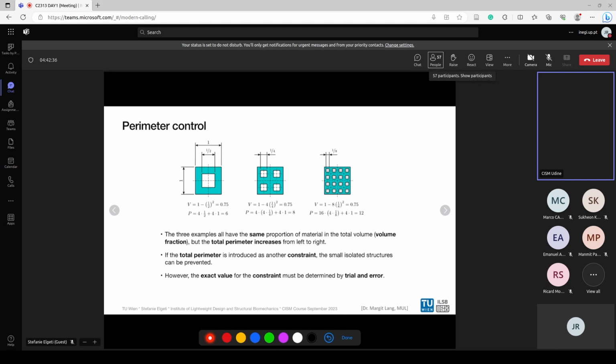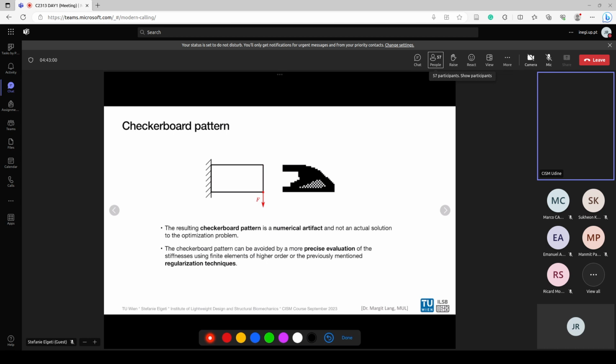So if we then introduce the total perimeter as an additional constraint, then we can prevent these small isolated structures, and we come to more global structures. Of course, like all of these parameters, the exact value of the constraint must be determined by a trial and error. So the same problem as always.